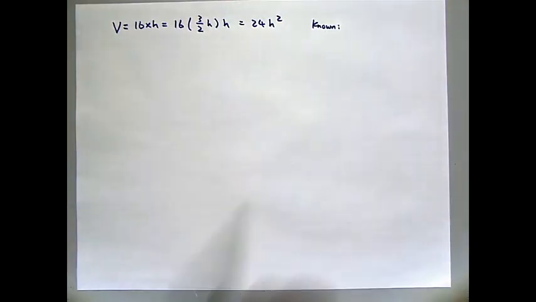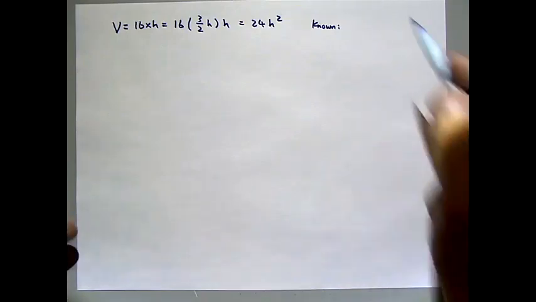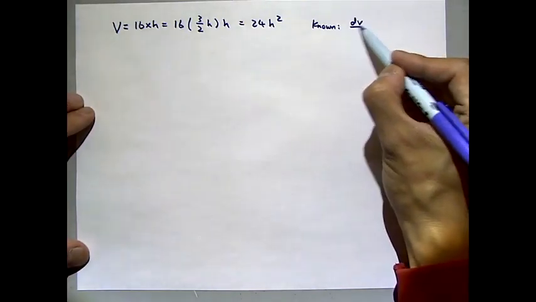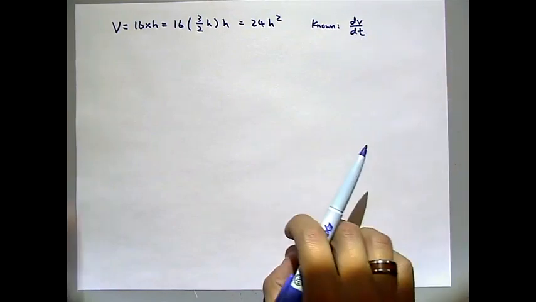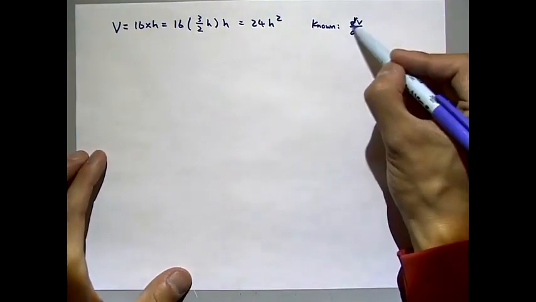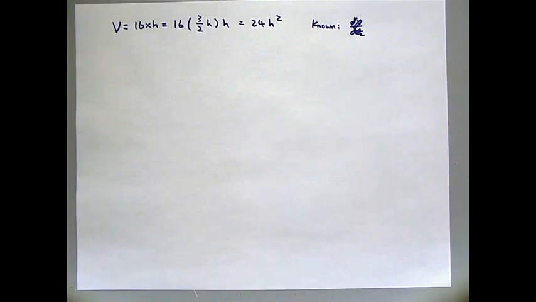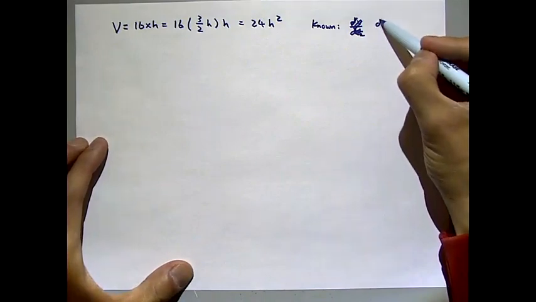All right, so what do we know? We know, what is it? The rate of change of the volume. Sorry, we don't know that. That's what we want. What do we know? How fast the water level is rising. We know dh/dt.